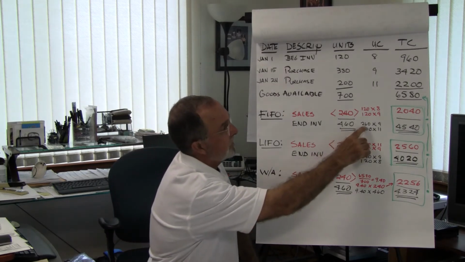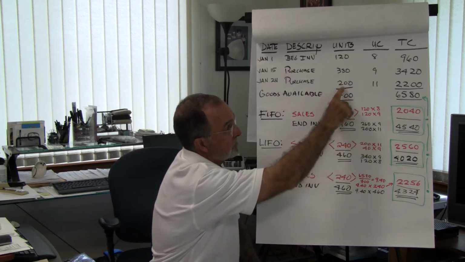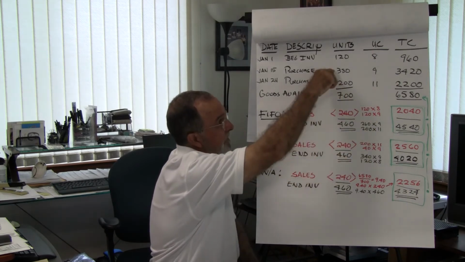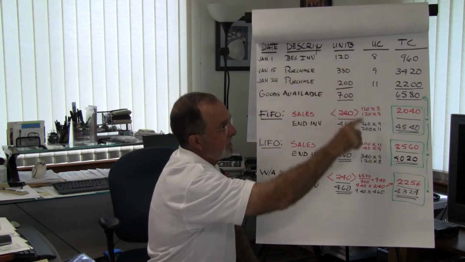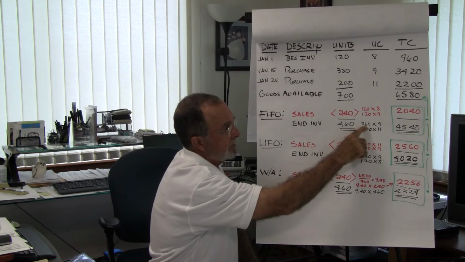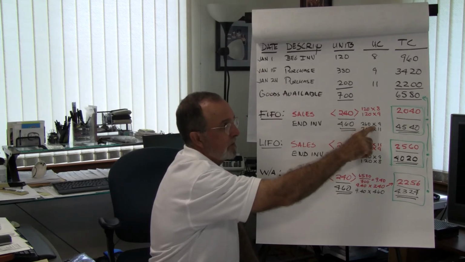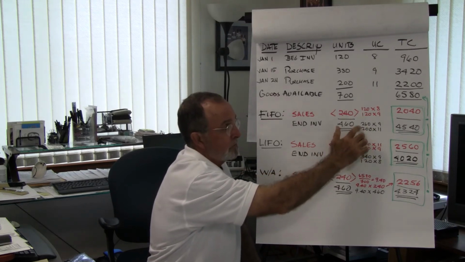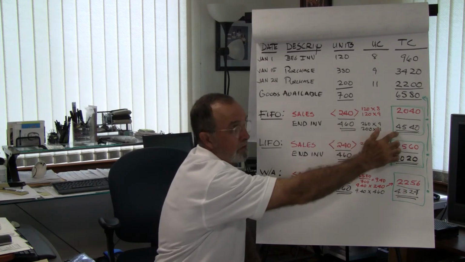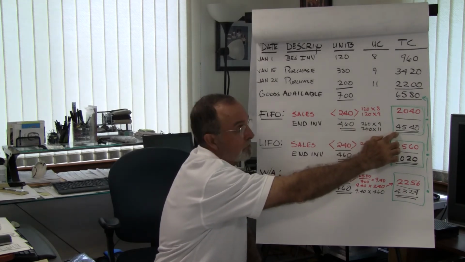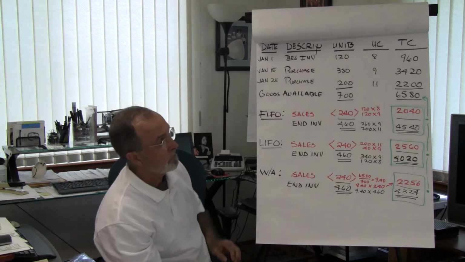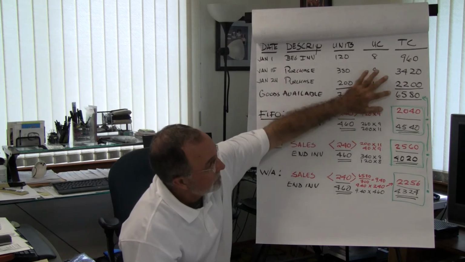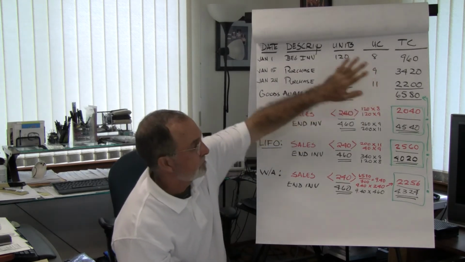So our ending inventory then is comprised of the 200 units at $11 a unit, and then out of this 380 we sold 120, so we have 260 left, and those 260 units, the unit cost applicable is $9 a unit. So when we do these two calculations, we can confirm our ending inventory amount of 4,540. Again, the total of our cost of sales plus ending inventory must always equal goods available for sale.